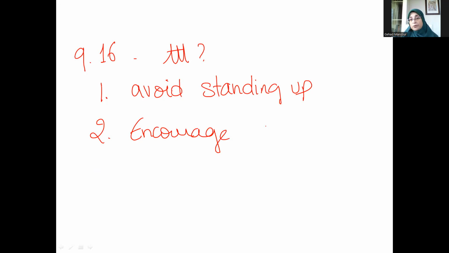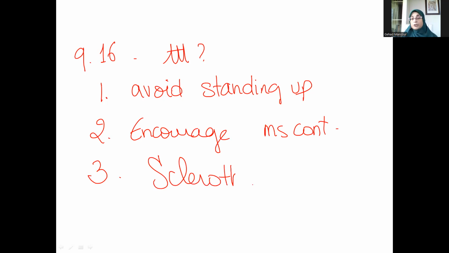And the third is sclerotherapy. You can inject a chemical that causes sclerosis or stiffness of the veins so that they are no more tortuous, and this minimizes the pain that the patient suffers from.